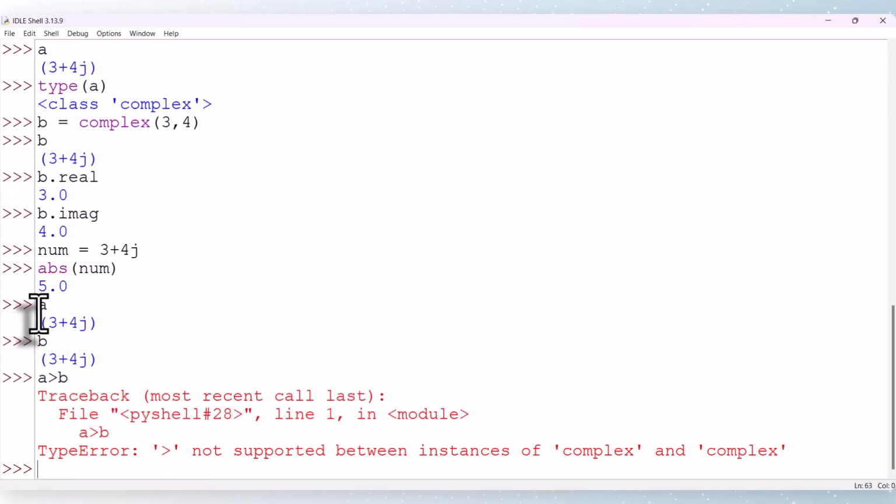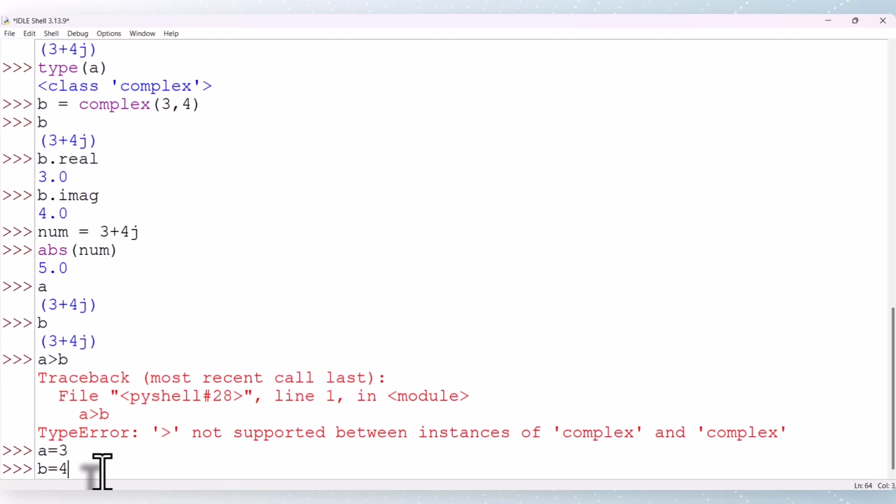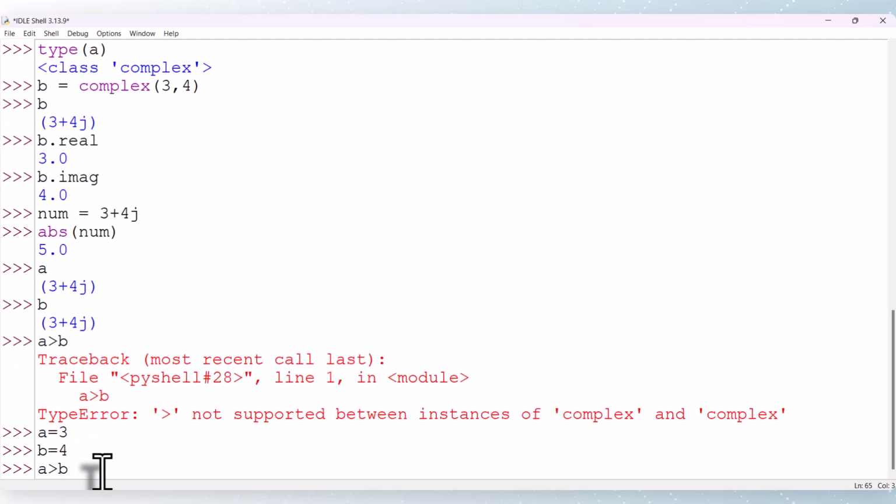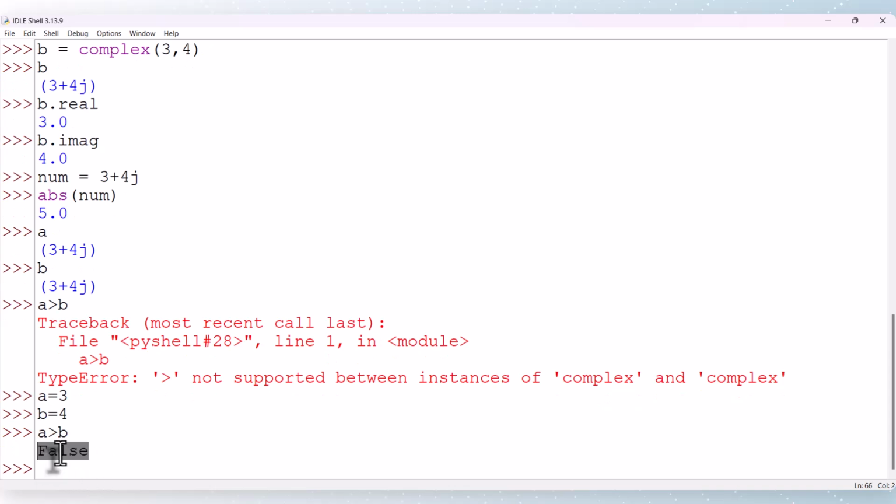If you try to compare, it is going to generate a type error. Unlike integers, if I take a equal to 3, b equal to 4, we can compare a greater than b, which will return false.